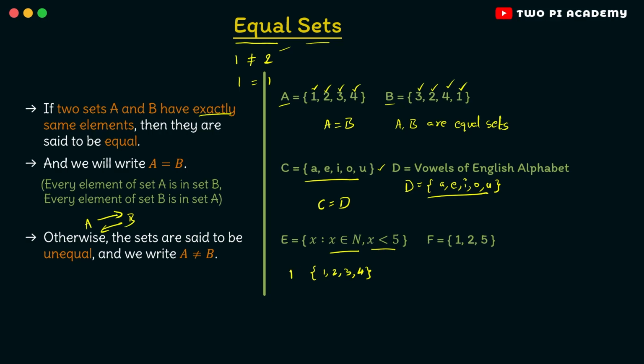So these are the elements in set E. Whereas if you compare it with set F, here we have the element 1 and the same element is in F, and here we have the element 2 which is also in F, but here we have the element 3 which is not in F, and 4 is also not in F, and in F there is an element 5 which is not in set E. So therefore both of these sets are not equal to each other. So they are unequal, and you will write E is not equal to F.